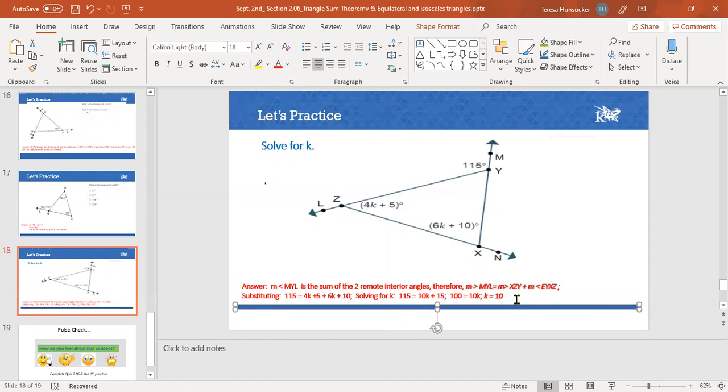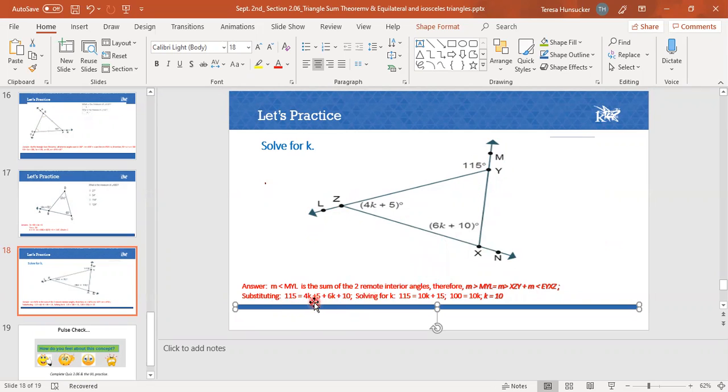All right. So the measure of angle MYL, the exterior angle, is 115. It's going to equal, reading this here, 4K plus 5, that's one remote interior, plus the other remote interior, 6K plus 10.